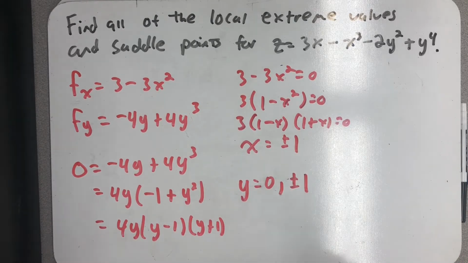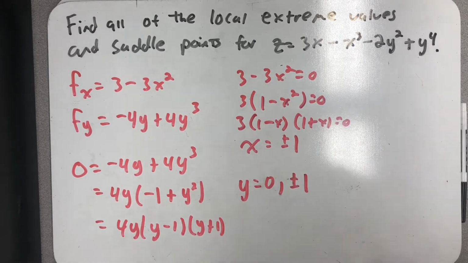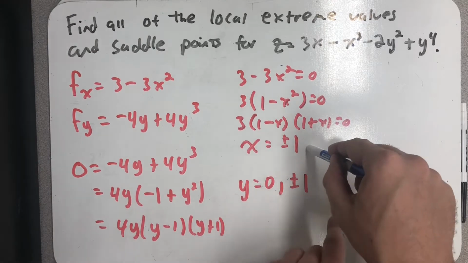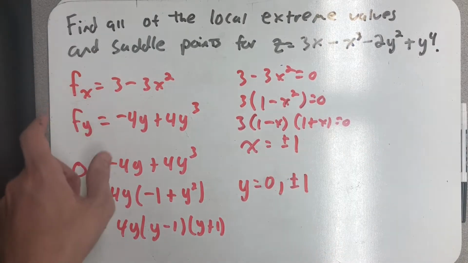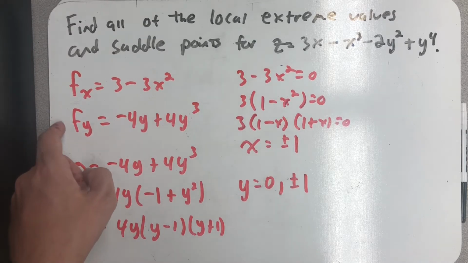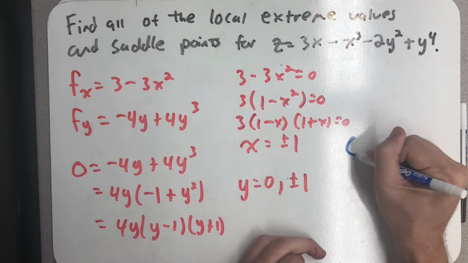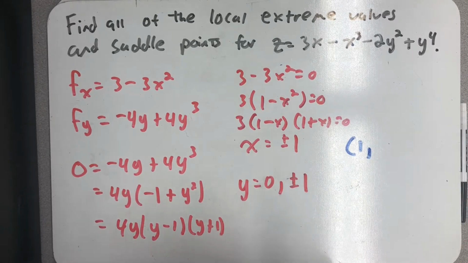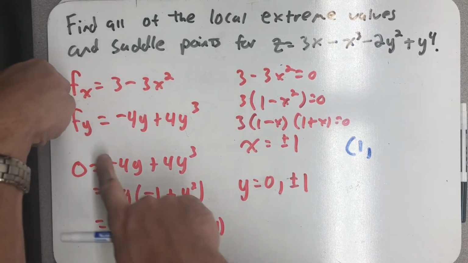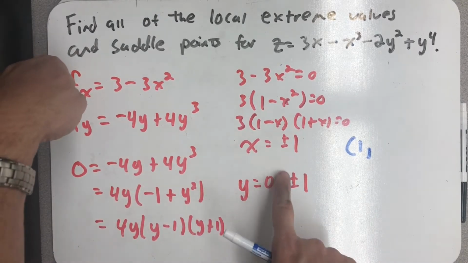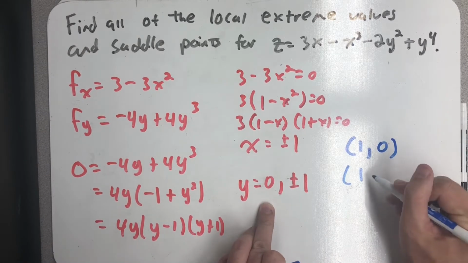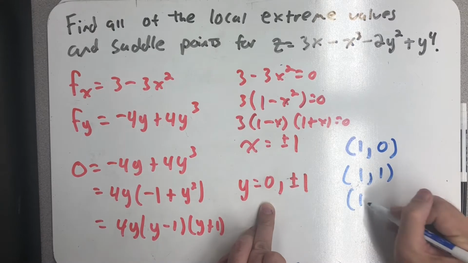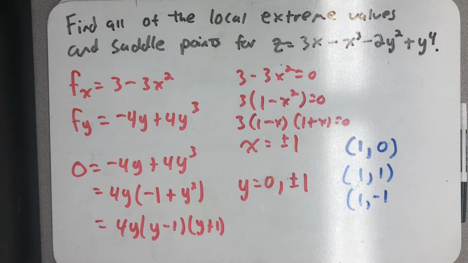So what I have to do now is pair each x with each possible y. The reason for that is that this equation only depended on x and this equation only depended on y. So by writing a 1 in the x coordinate, I've automatically zeroed this one out. Well, there are 3 different ways to zero this one out with these numbers. So I have (1, 0), (1, 1), and (1, -1), all as critical points.